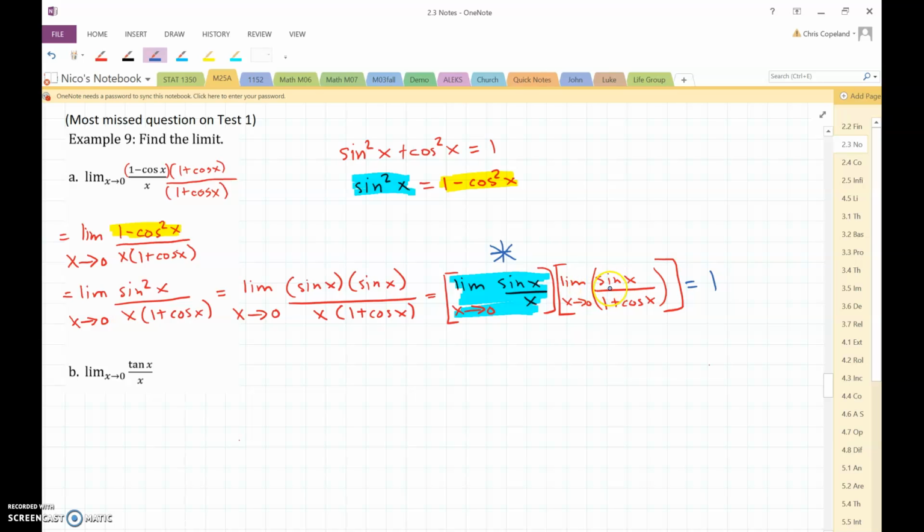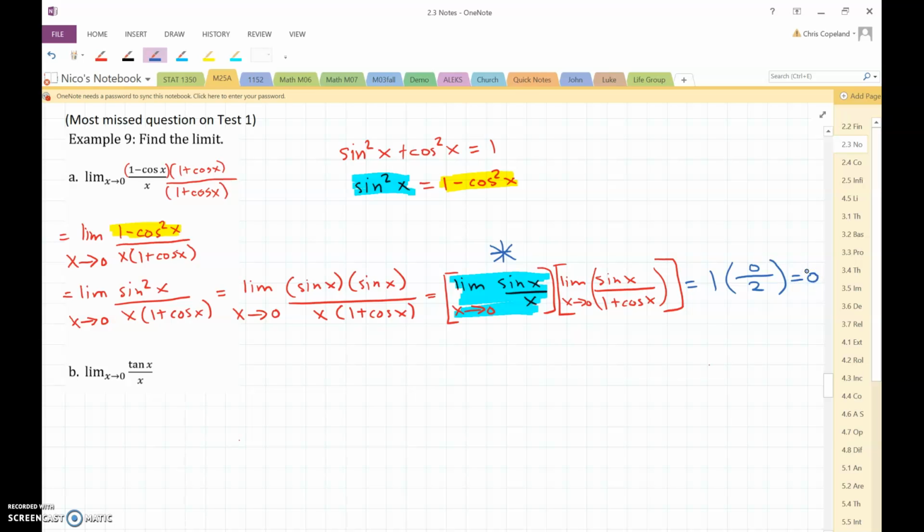As we evaluate this, the numerator is going to end up being 0. The denominator is going to end up being 1 plus 1, because cosine of 0 is 1, so that's going to be 2. So 1 times 0 divided by 2 ends up being 0.